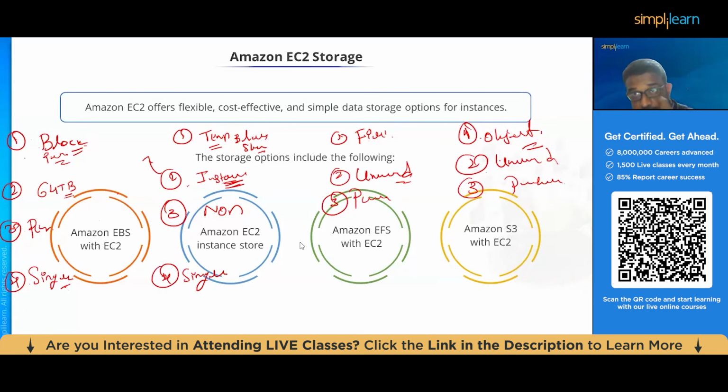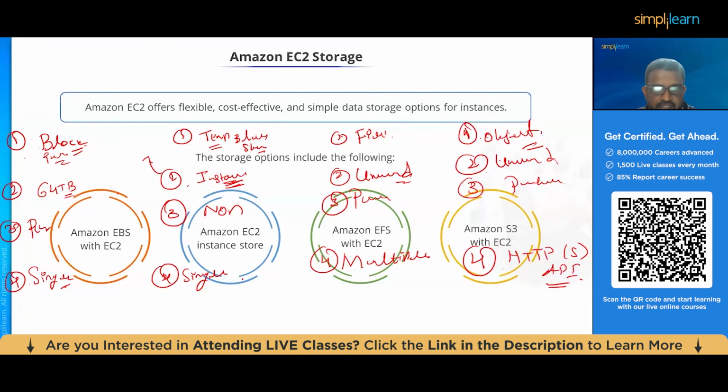Is it single? Multiple. What about here? Be careful. For the fourth one, it's HTTP or HTTPS API. So your EC2 can always access S3 by using HTTP APIs, right?